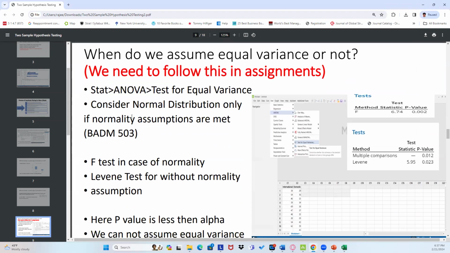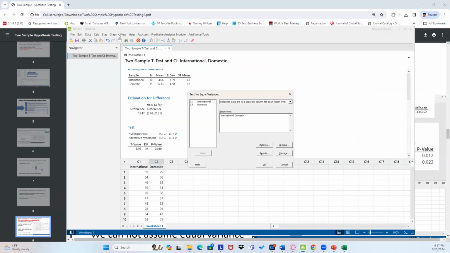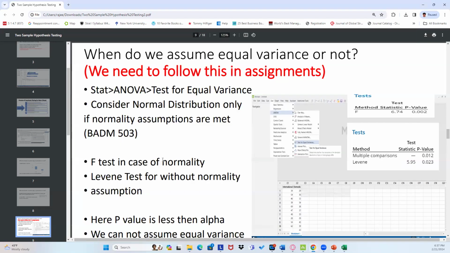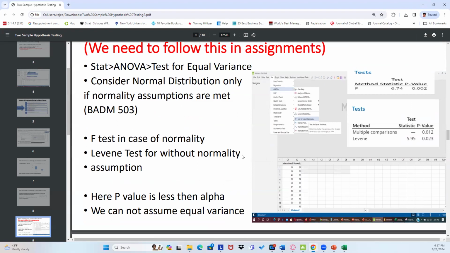You have to check both samples if you have a large sample and see the normality condition, and I will show you that later. The F test is for the case of normality, and Levene's test is without the normality assumption. And again, if the p-value is less than alpha, we cannot assume equal variance.